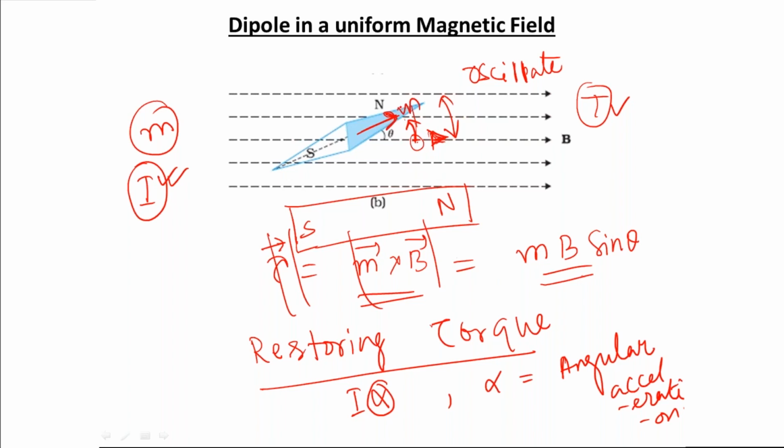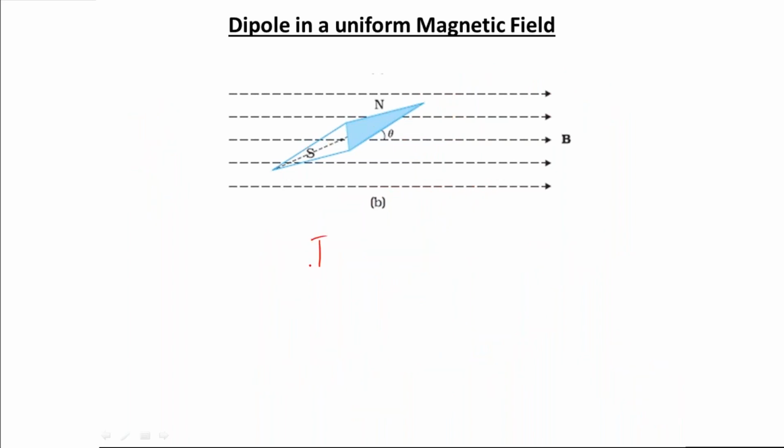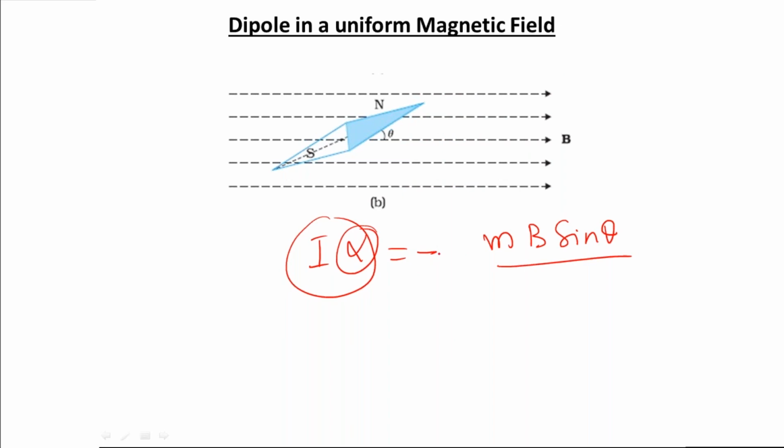So now the restoring torque will try to restore the position of this compass needle, but it will not stop. It will actually oscillate back and forth around this theta angle. So I can write this mB sin theta. This is the total restoring torque, which is equal to the magnetic torque.